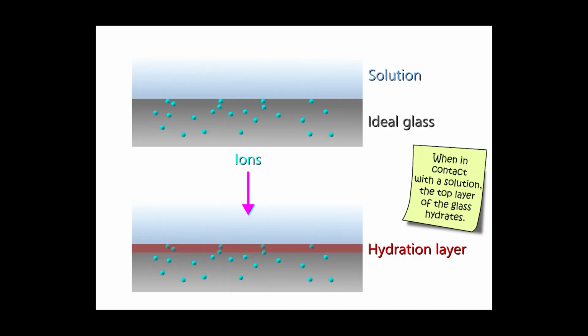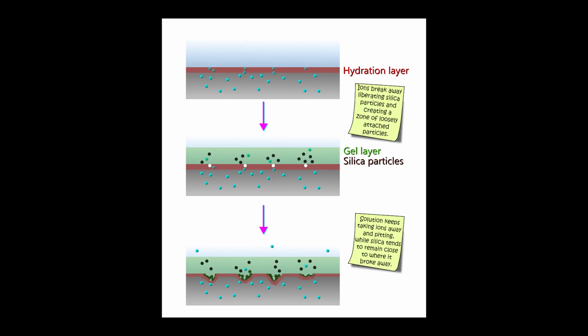You see, when glass is in contact with a solution, it forms a layer called the hydration layer. This is where the solution starts to penetrate inside of the glass. And when the solution penetrates inside of the glass, it starts to react, or interact more precisely, with the ions in the glass.